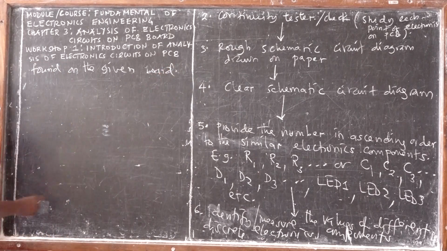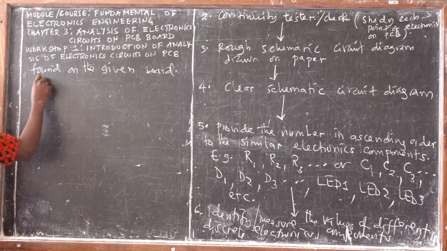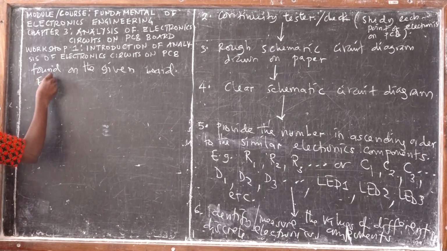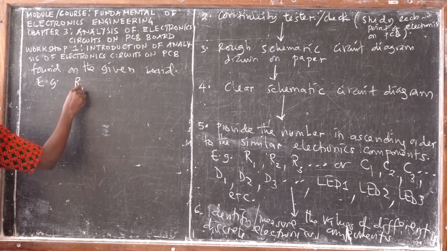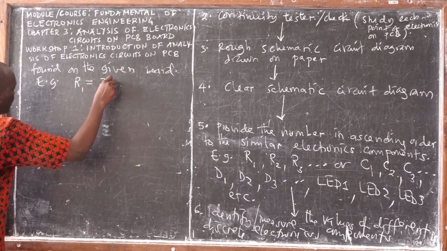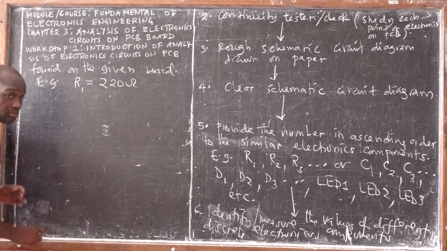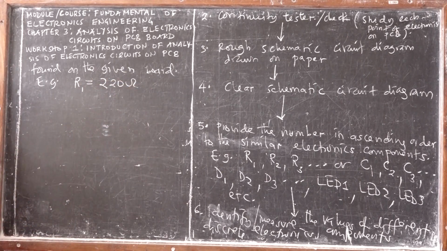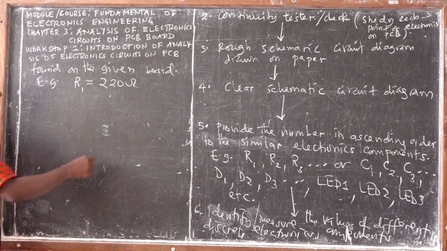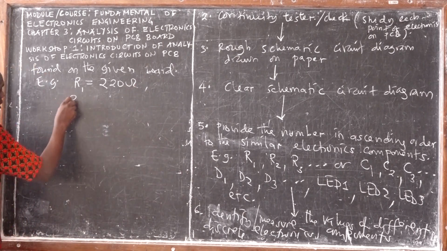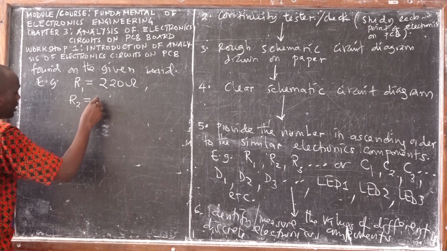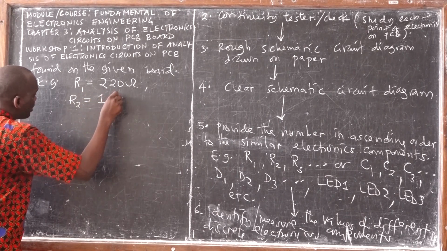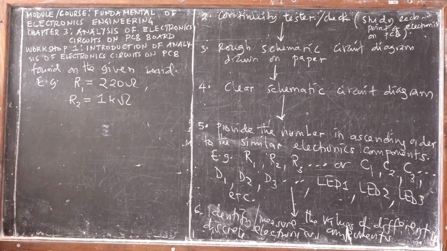What does it mean? Stop writing. Listen and watch. For instance, if you have resistance 1, then we can say resistance 1 is 220 ohm. Are we together? Yes. If also we have resistance 2 on that schematic circuit, after measurements we find that it's 1 kilo ohm.